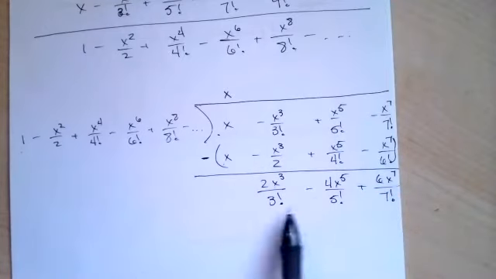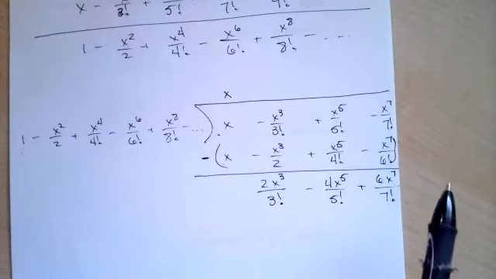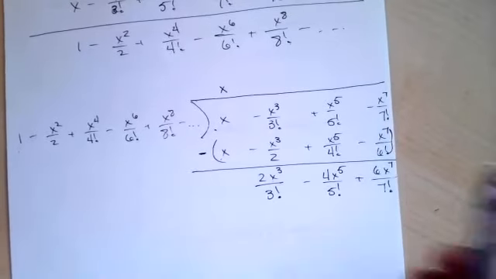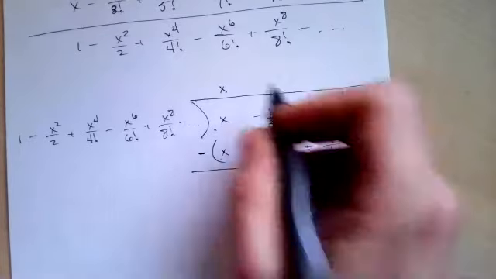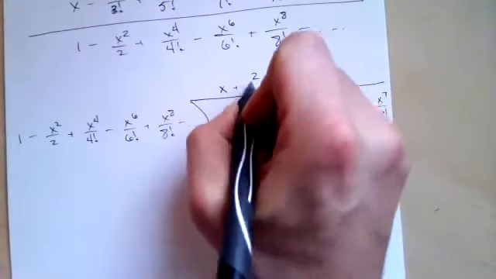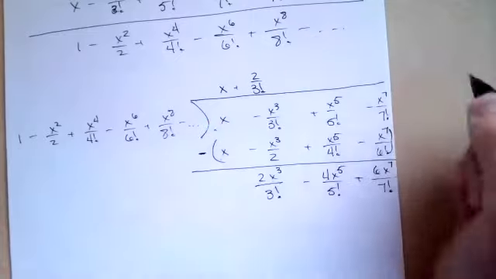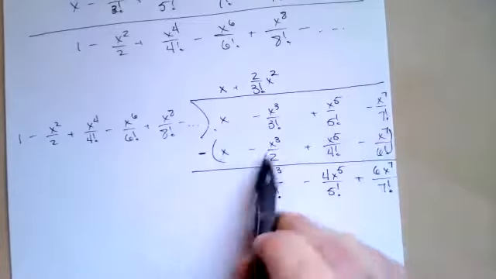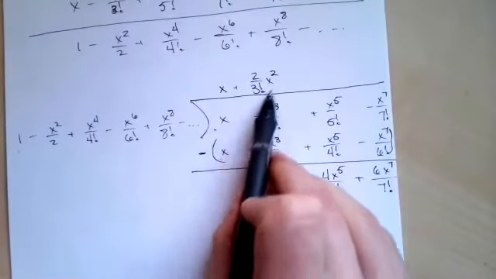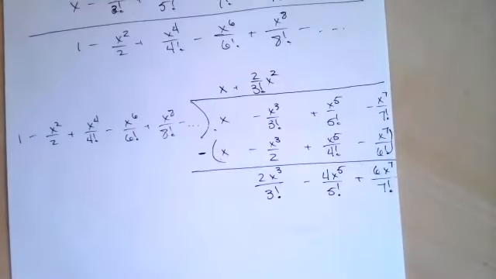Let's keep it as 2 over 3 factorial and see if we can get a pattern to emerge with the numerators and denominators. So what are we going to need? 1 going into 2 over 3 factorial x cubed. We are going to need the 2 over 3 factorial and then 2 powers of x. So this is where maybe lining things up would help, since this isn't necessarily over the x squared column.